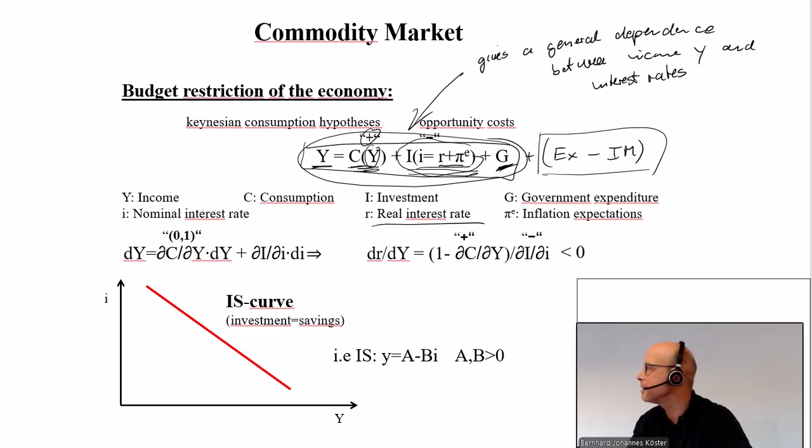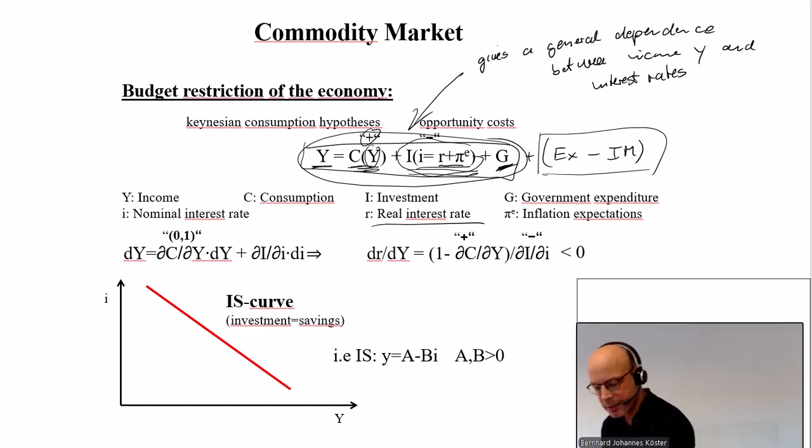As I said to you, in Germany, the savings rate is 10%. So then this number would be around 0.9. And positively, and that we have in general a negative dependence on investment.